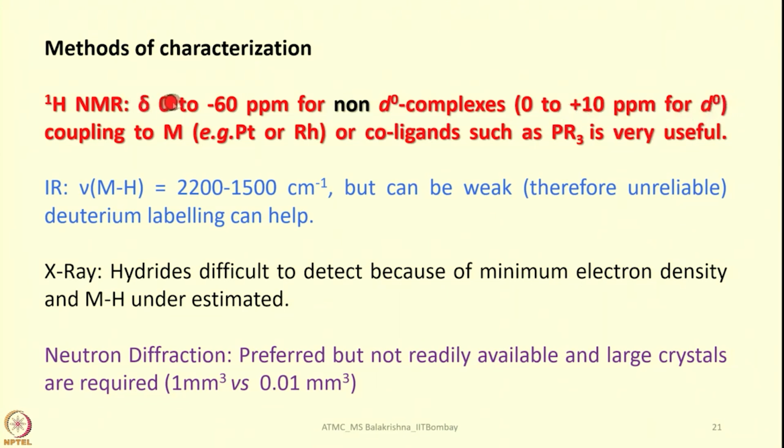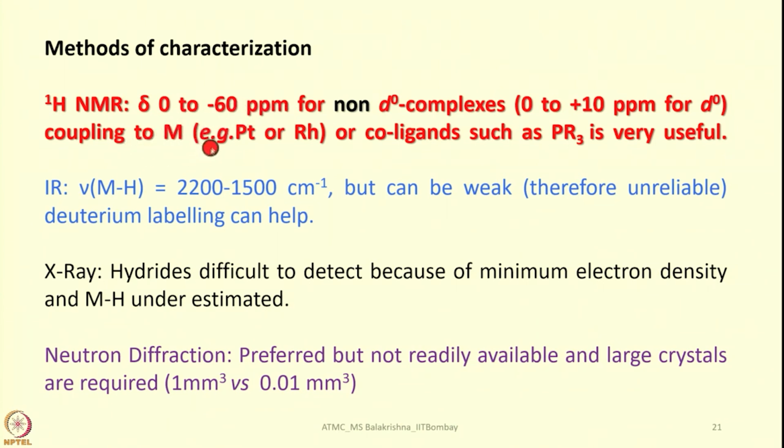You should remember the 1H NMR signal for an MH bond would appear between 0 to plus 10 for a d0 system, whereas for non-d0 complexes it can come anywhere from 0 to minus 60 because of paramagnetic effect and also shielding effect.